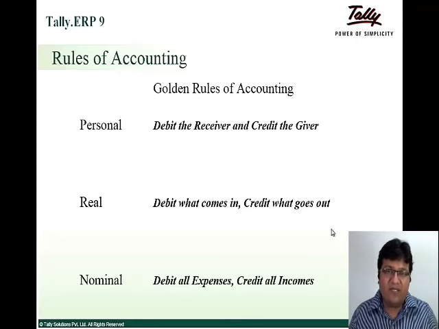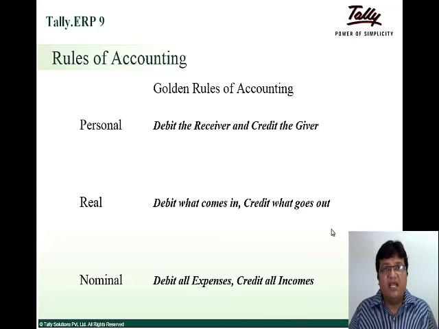Let's say in a scenario of a personal account, if I buy goods from somebody and I pay him at a later date, not on the same date, then whatever balance is available will get carried forward, and in case I don't pay up that money in the current financial year, that balance will get carried forward into the next financial year. That is the behavior of certain accounts.